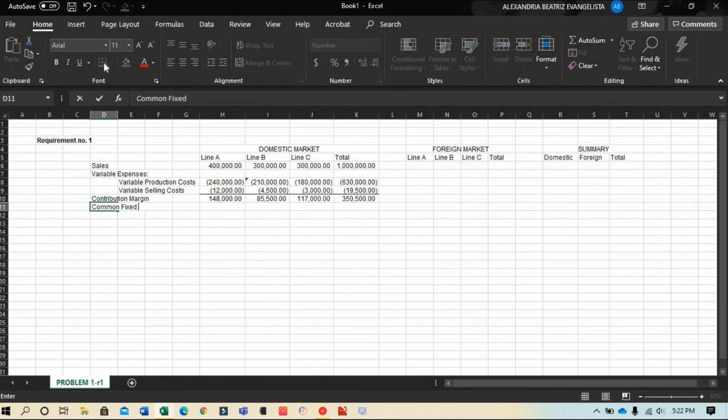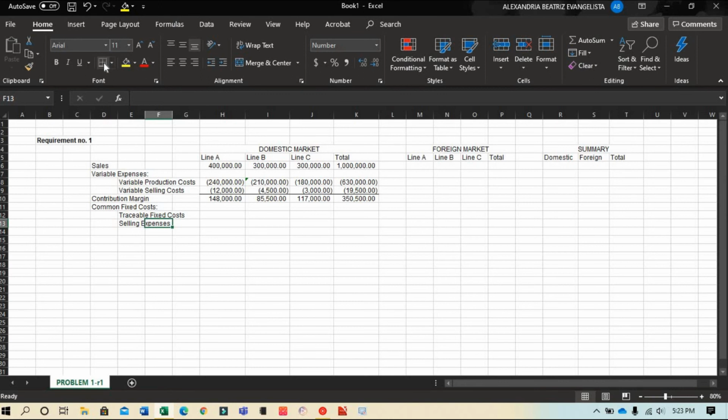Common fixed costs, and we're going to divide the common fixed cost into two, which is first the traceable fixed costs. Okay, so under the traceable fixed costs, we're going to have, based on the problem, first the selling expenses, because it is specified in the problem that, let me just go back to the problem.